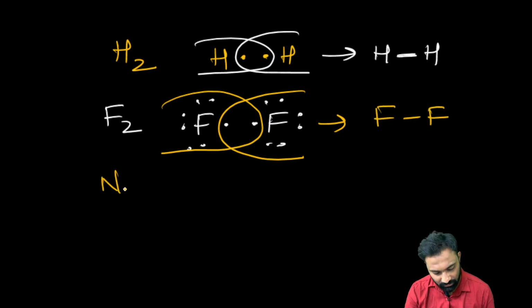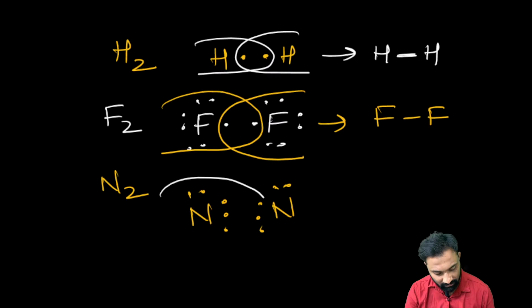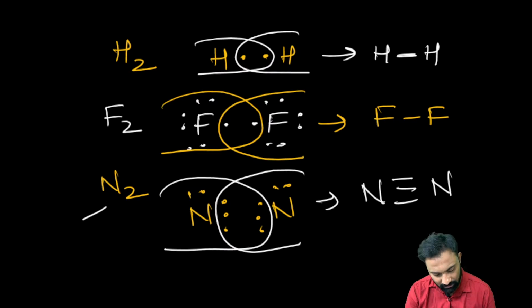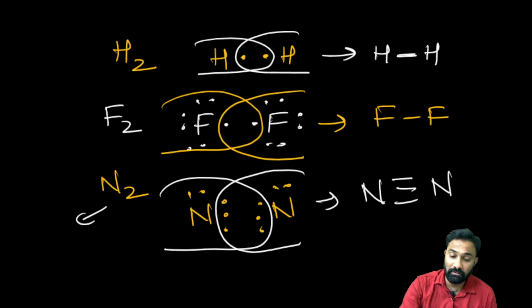Now nitrogen N2. Nitrogen's valency electrons are 5. To complete its octet, each nitrogen requires 3 electrons, so we used to think nitrogen covalency is 3. But nitrogen will form one special type of bond, a coordinate covalent bond also.